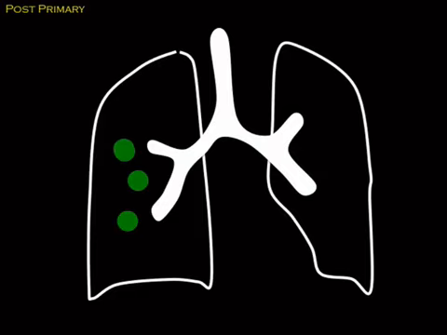Now, it tends to affect apical and posterior segments of the upper lobes and the superior segments of the lower lobes. These are the areas that have higher oxygen tension and have impaired lymphatic drainage. This is distinct from the primary infection site, which heals. Reactivation TB tends to progress. You end up having inflammation, necrosis, and the development of a cavity.